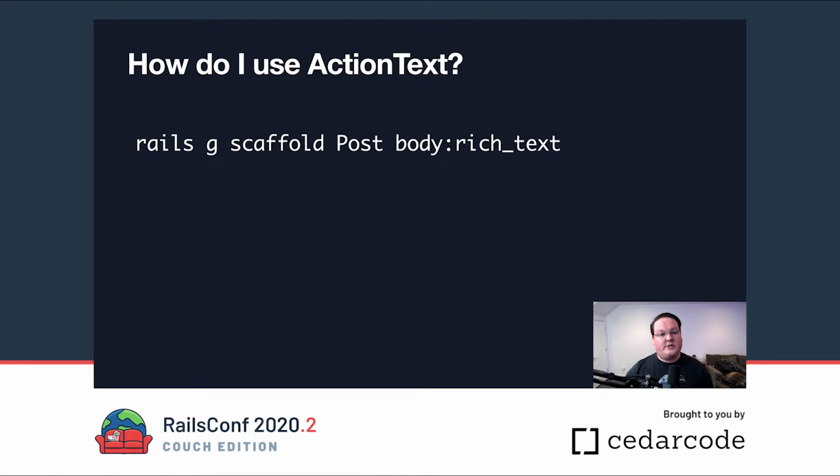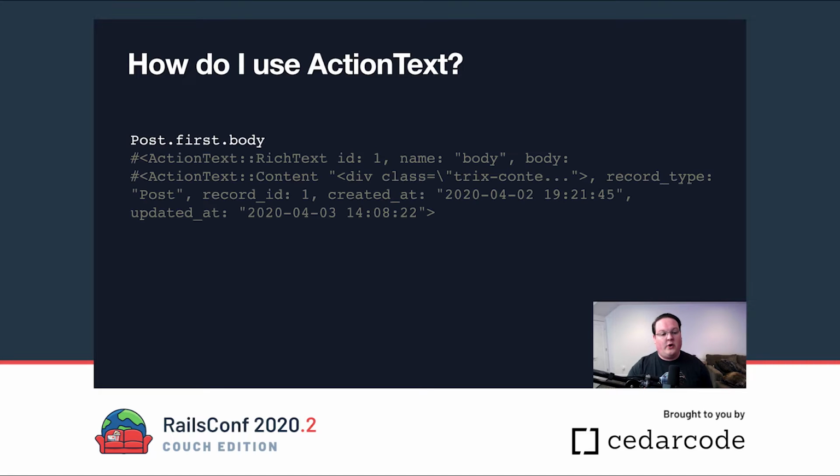So your ActionText stuff is all polymorphic, so you don't have to add any fields to your models to have a rich text field. So this is actually generating kind of a normal field in your scaffolds, but it skips that piece in the migrations. So that will go ahead and create it.